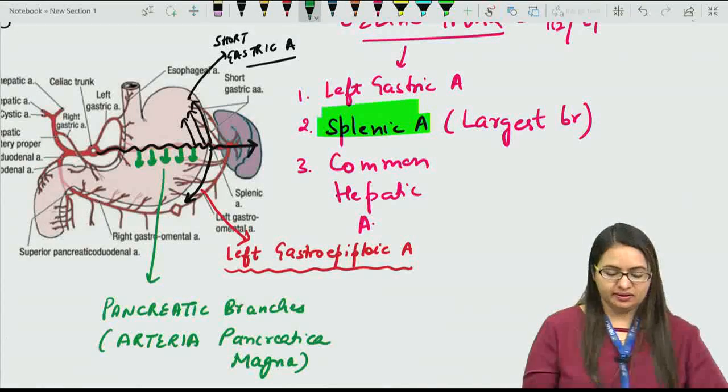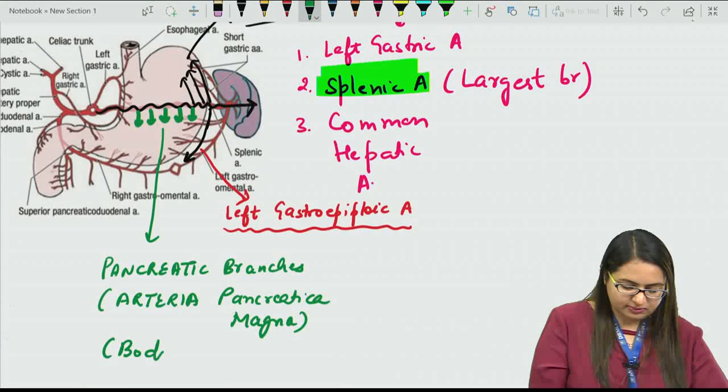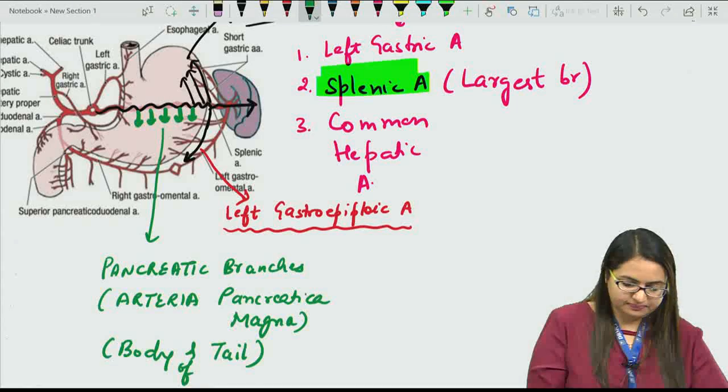So therefore it is supplying the pancreas, and specifically it is supplying the body and the tail of pancreas. These branches are for the body and tail of pancreas.